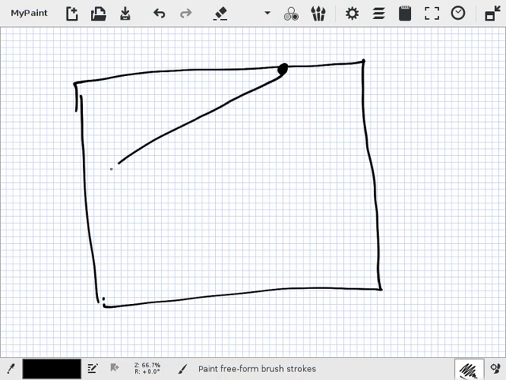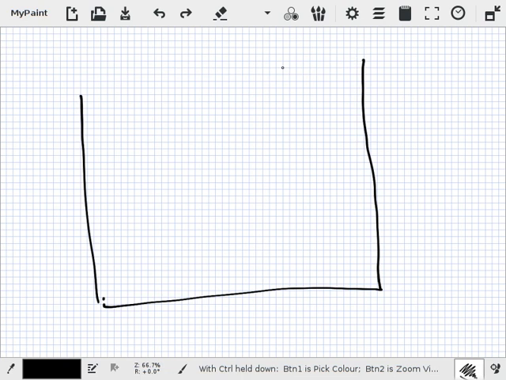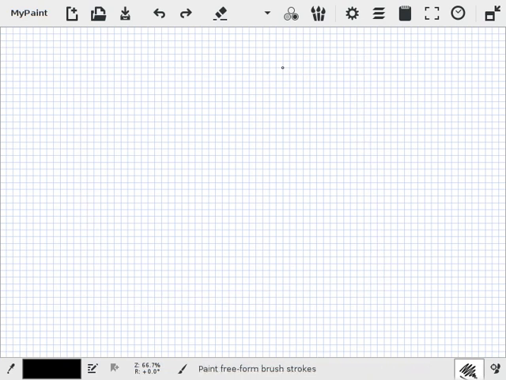Let me just... Oh, it's already gone ugly. Sorry. I'm forgetting how to draw triangles and squares. One second. Square.